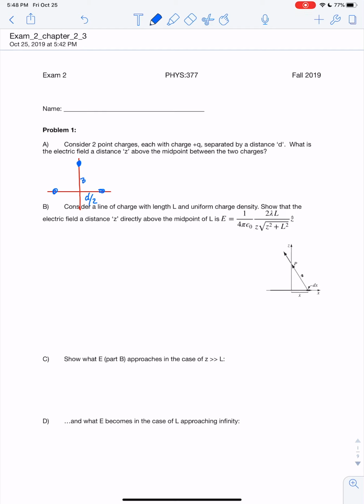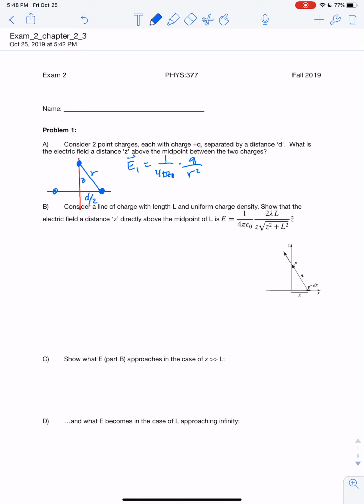Okay, well, we know that the electric field at this point due to this charge is just 1 over 4 pi epsilon naught. So the electric field due to the first charge is 1 over 4 pi epsilon naught times the charge q divided by the distance it is from itself squared.